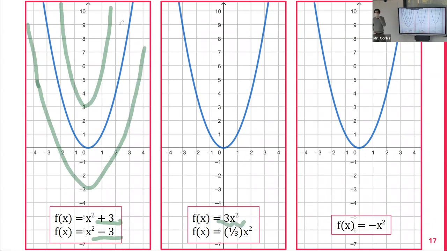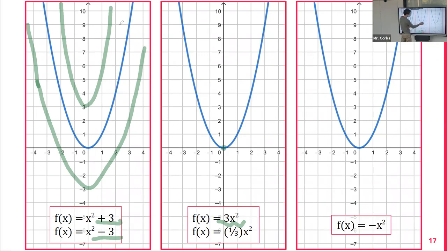This one is not to the right. No. Okay. So if we have y is equal to 3x squared, what's happening? Okay, is it getting wider or is it getting narrower? Okay, let's think about the values again.